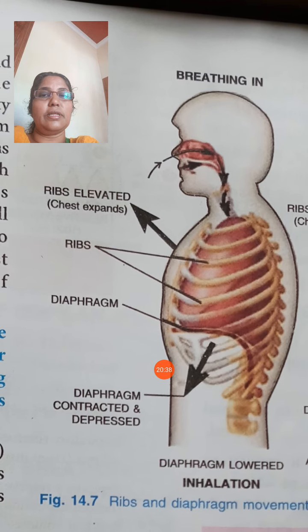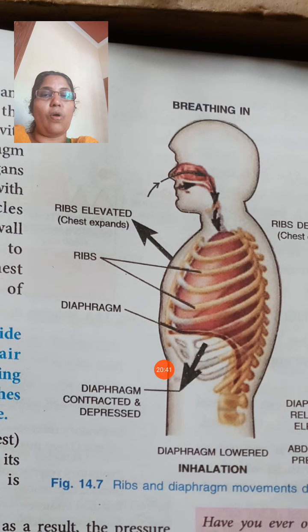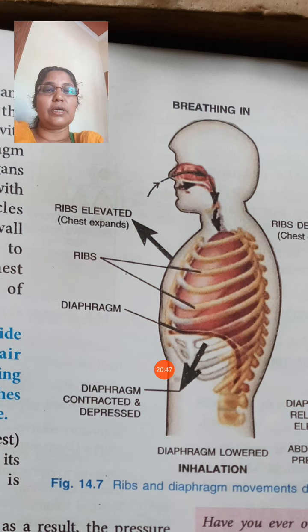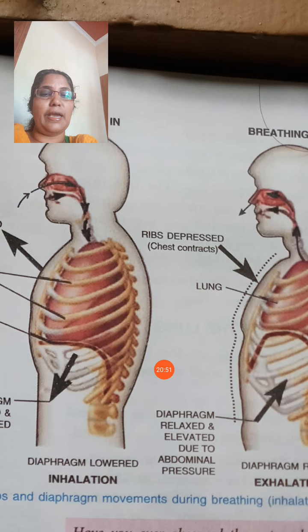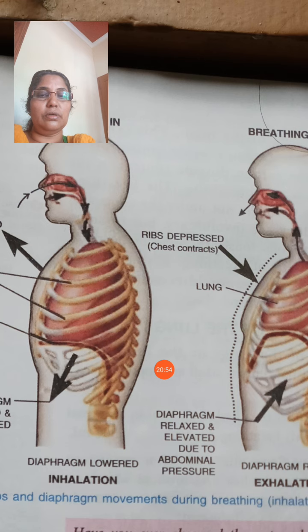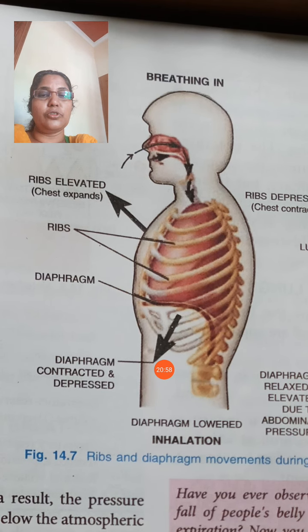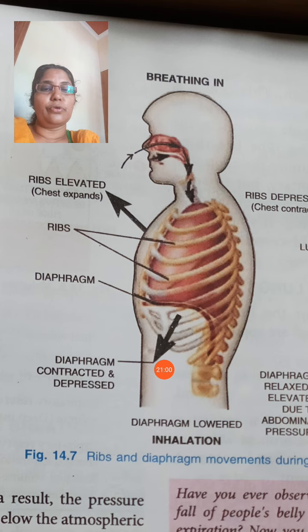Here, the contraction of the intercostal muscles between the ribs causes the ribs to move in the upper and outer direction. At the same time, the diaphragm also becomes more flattened or depressed.